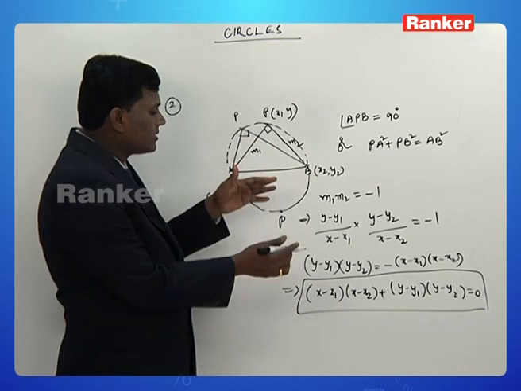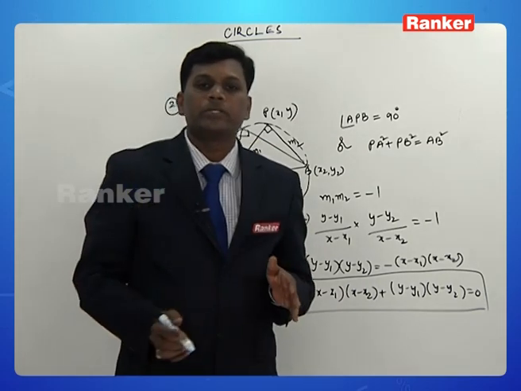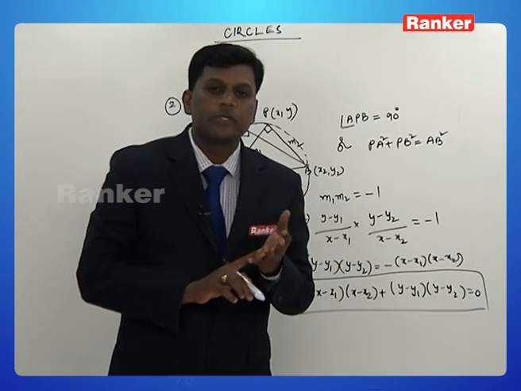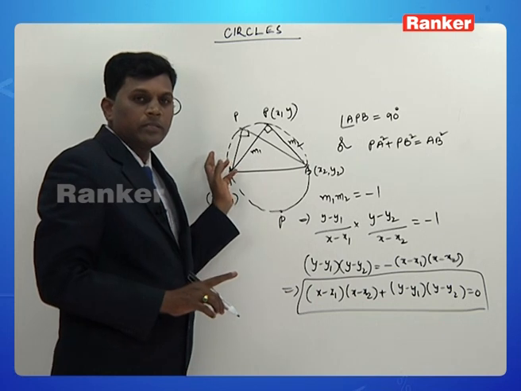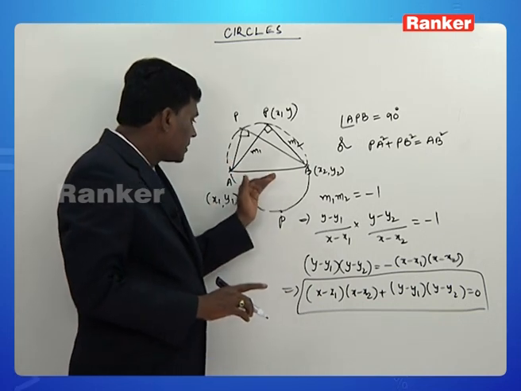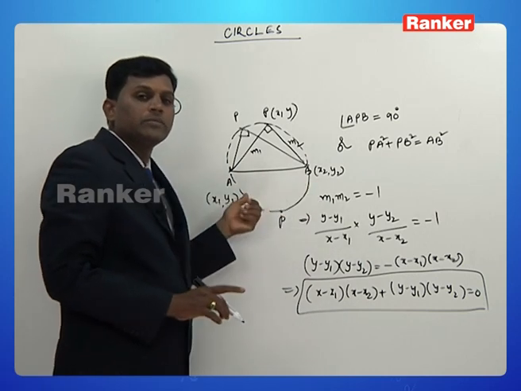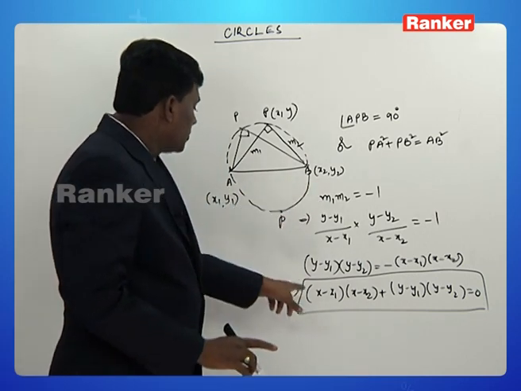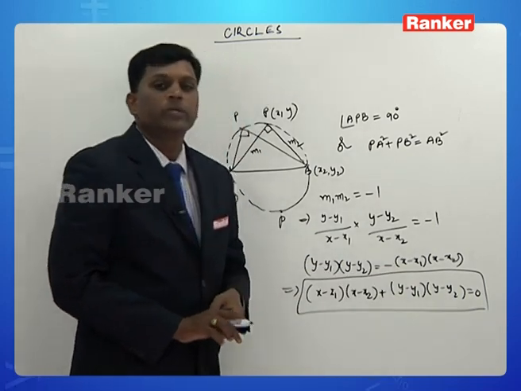This can be taken as the second frequently coming case of circle standard equations. In the first case, we derived the circle when the center and radius are given. Now in the second case, we can get the circle equation when the extremities of a diameter are given: (x minus x1)(x minus x2) plus (y minus y1)(y minus y2) equals 0.